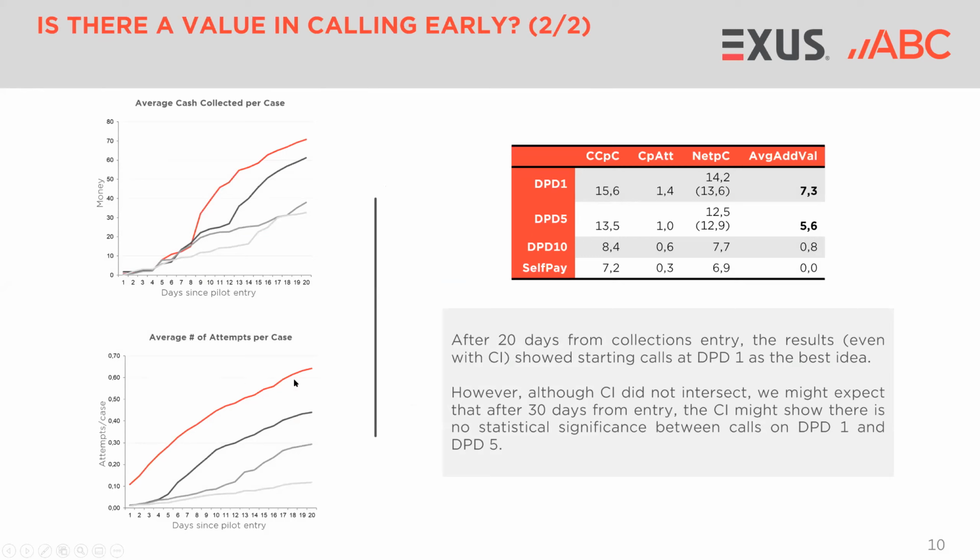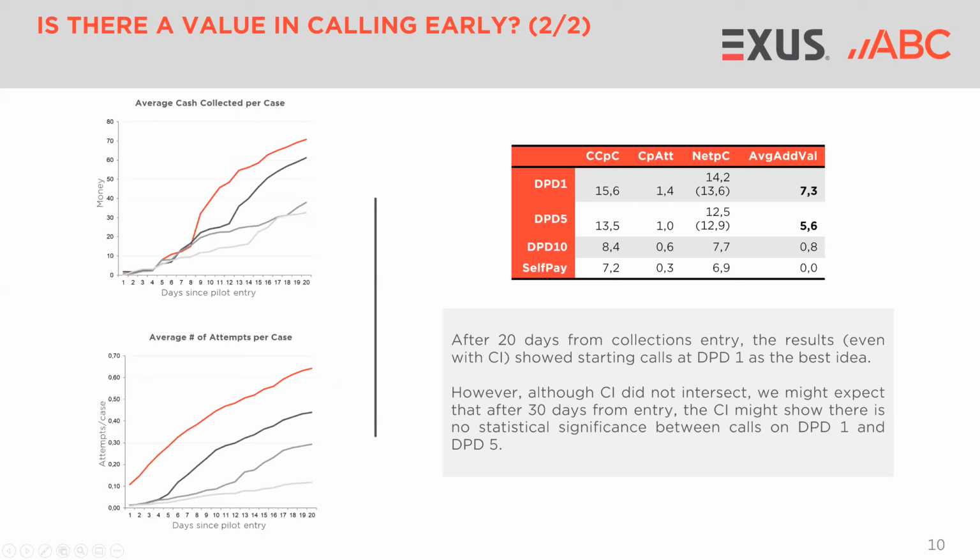So if you have 0.6 attempts per case times 3 euros, you would get the marginal costs. And here you had the marginal benefits, which was over 70 euros. So if you take 70 minus these costs, you get the net marginal benefit, right? And I hope that makes sense for you.